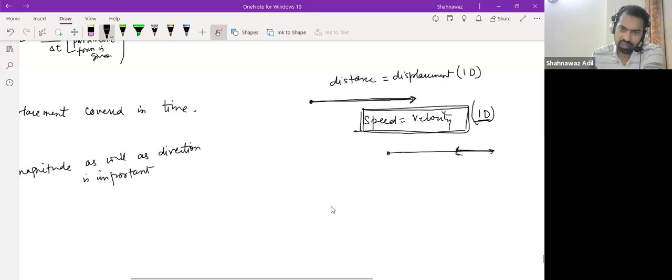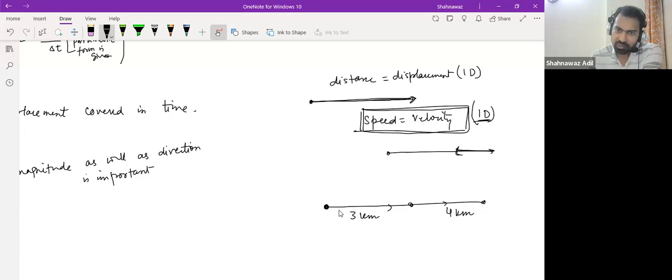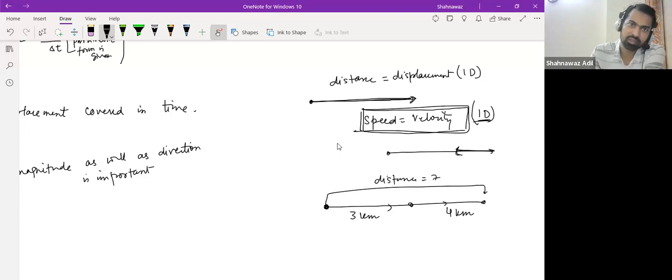Yeah. So let's say that if I move 3 kilometers, and then again 4 kilometers, in the same direction. So what is my displacement, guys? Or what is my distance? Distance is 7 kilometers.